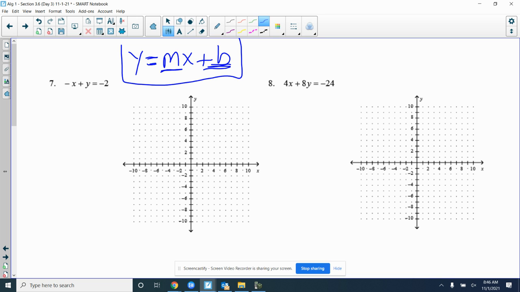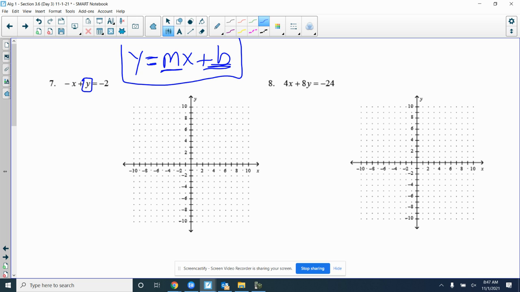Thank you. Guys, look. This skill on the backside of this page is something you're going to use for the rest of your math career. It is so, so important. All we're doing is solving for y so we can graph it. Guys, how do I get y by itself right there?